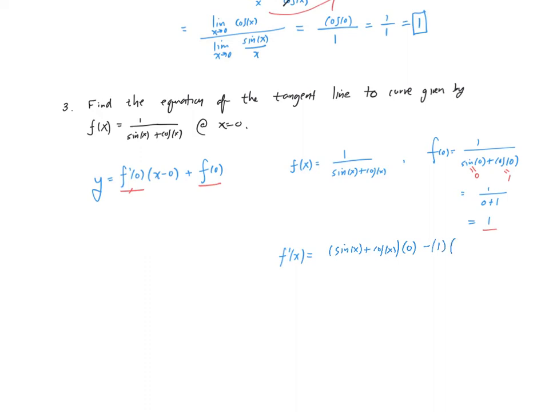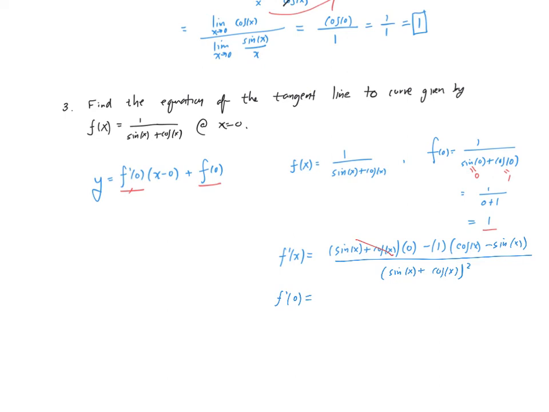And when we differentiate the bottom function, we would have the derivative of sine, which is cosine, plus the derivative of cosine, which is minus sine. And then this is all over the bottom squared. And I'm going to go ahead and just immediately substitute in 0 and also make the observation that that first term in the numerator cancels.